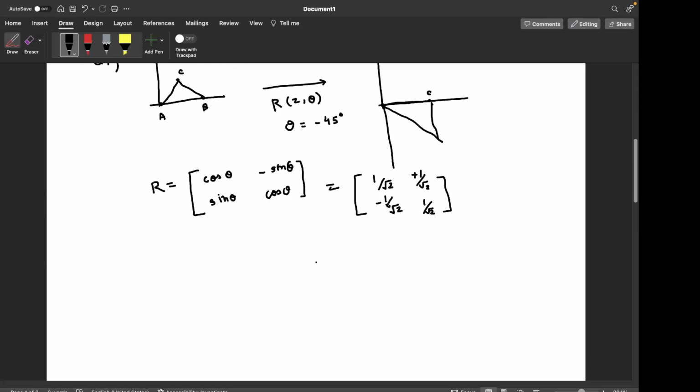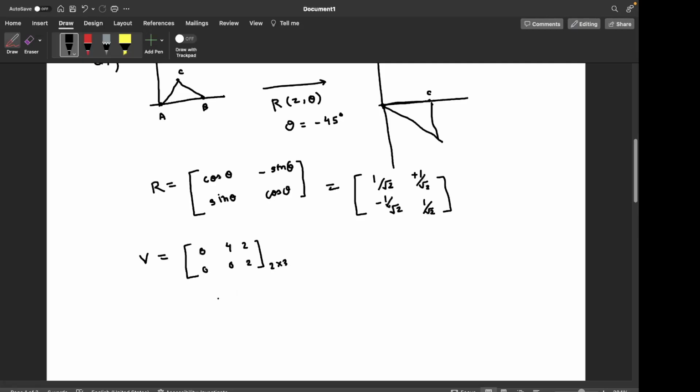So once we write the rotation matrix like this as the 2 cross 2 matrix, then we can transform the points, and the points here are the 3 vertices. So let's write these 3 vertices as a matrix together. Let's say V is equal to the first coordinate of A vertex 0 0, then B is 4 0, and C is 2 comma 2. So this is a 2 cross 3 matrix.